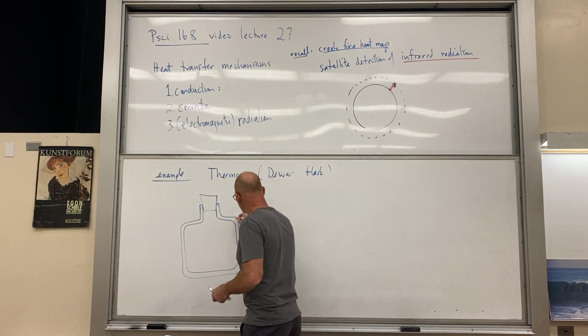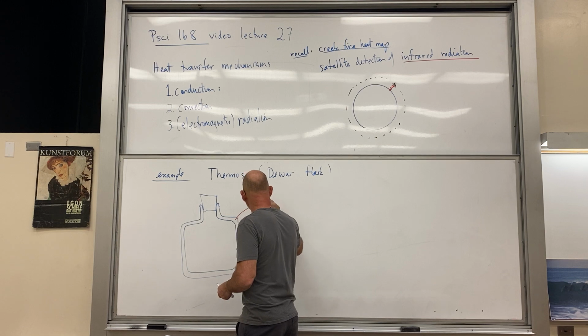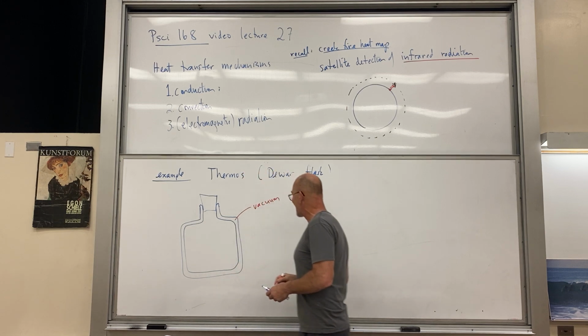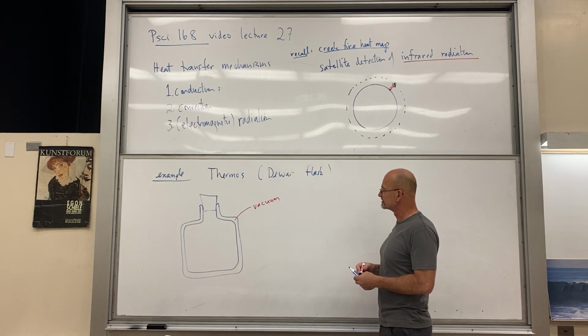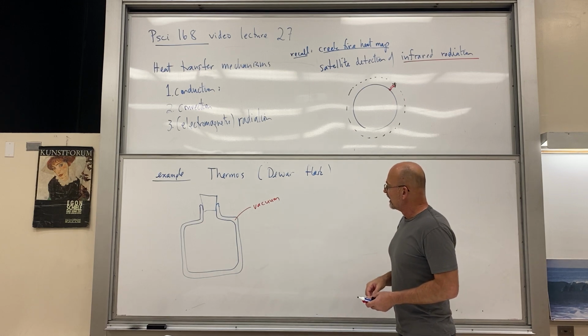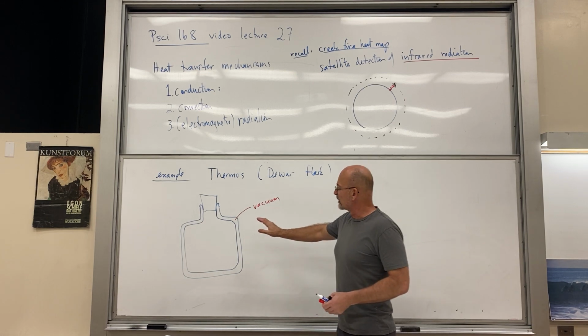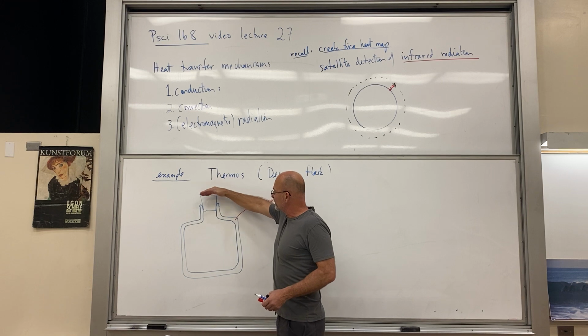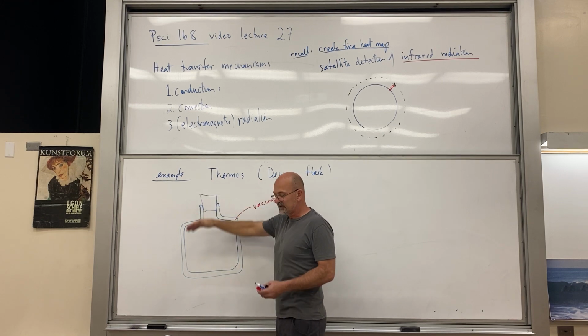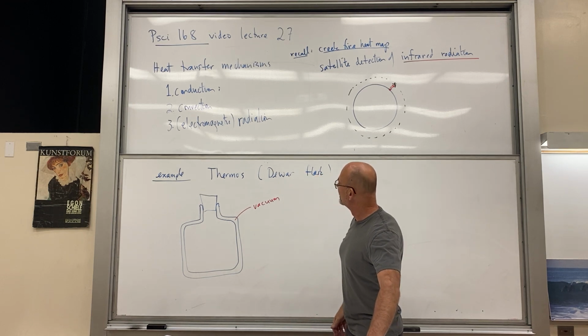So inside there is a vacuum, that is to say there's nothing. Gas has all been pumped out. And if you've ever used a thermos like this, you'll notice that the only place where you feel the heat or the cold is at the cap. The rest of it seals it off pretty well.